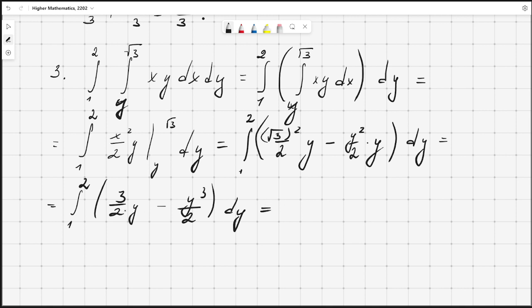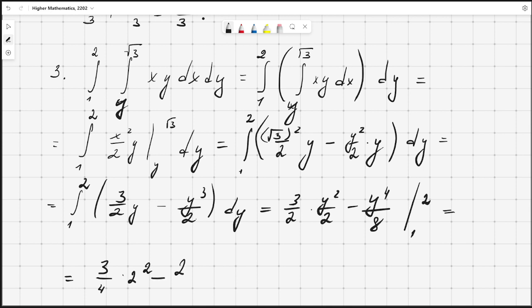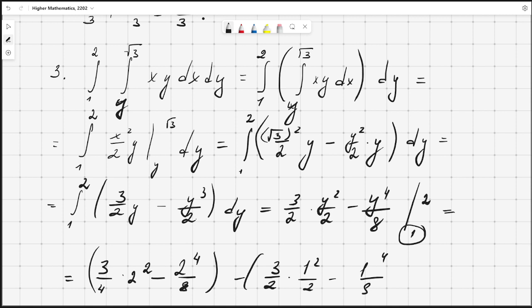Then 3 over 2 times y squared over 2 minus y cubed over 2, it is y to the power of 4 over 8 from 1 to 2, and we have 3 over 4 times 2 squared minus 2 to the power of 4 over 8, minus the lower limit: 3 over 2 times 1 squared over 2 minus 1 to the power of 4 over 8.